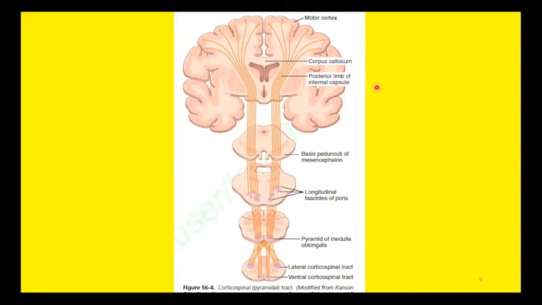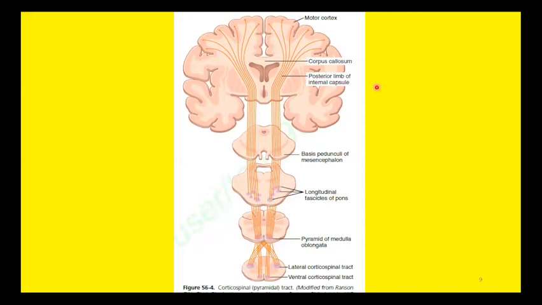In the sensory nervous system, we focused on the pathways: dorsal column medial lemniscal pathway and anterolateral spinothalamic pathway. Both these tracts were ascending pathways. So ascending tracts are the sensory tracts. Today we are going to discuss the motor tracts or the descending pathways.